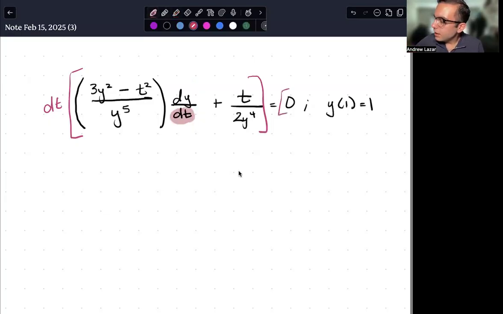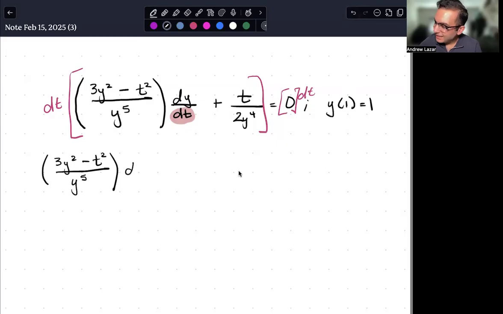So I'm going to do that first. And what I'm left with is 3y squared minus t squared divided by y to the fifth power. Don't mix up your t's and your y's.